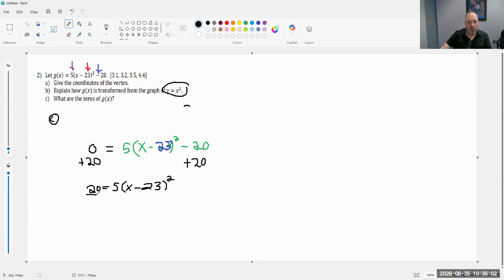I'm going to divide both sides by 5. And I'm left with x minus 23 squared equals 4. I'm going to take the square root of both sides and continue the work over here.